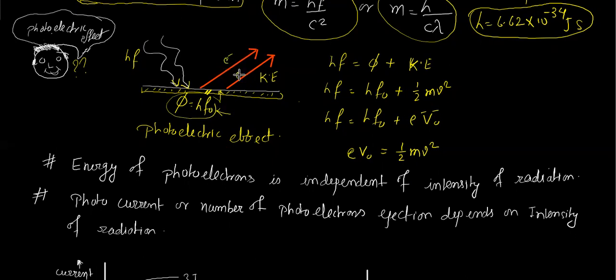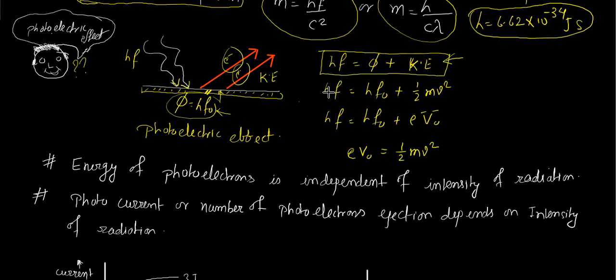From Einstein's equation we can write hf equal to phi plus KE, where KE is the kinetic energy of the electron. From this expression we can say that it also follows the conservation of energy.